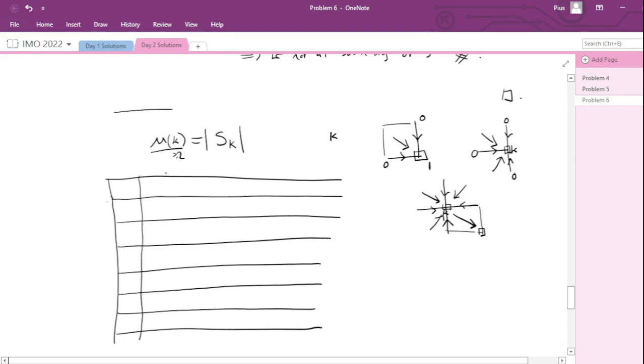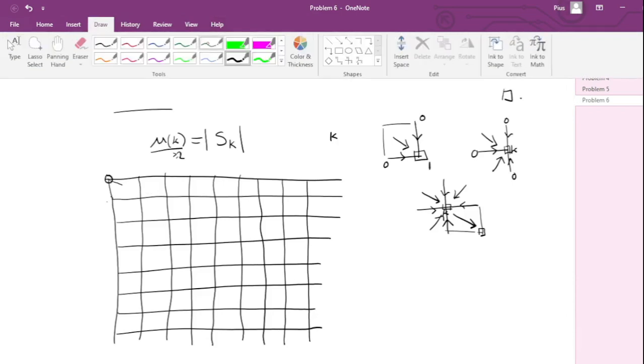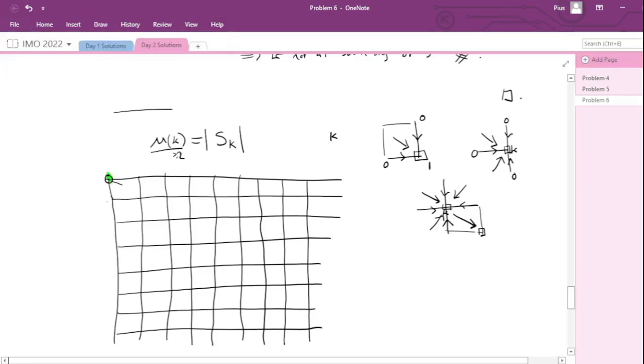Let me just quickly sketch. Okay, so we're going to construct this in a way that we have a valley at the beginning. Okay, and then we're going to divide this into 2 portions. So let me use a color here.